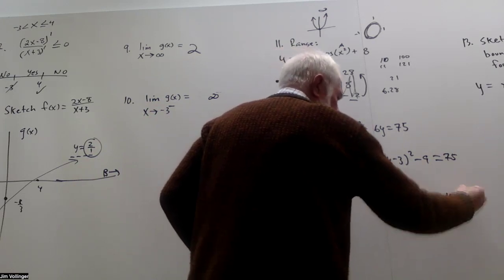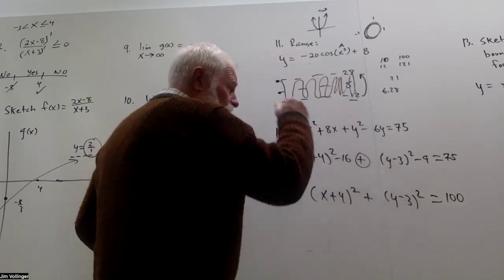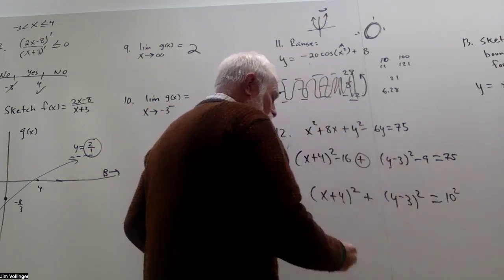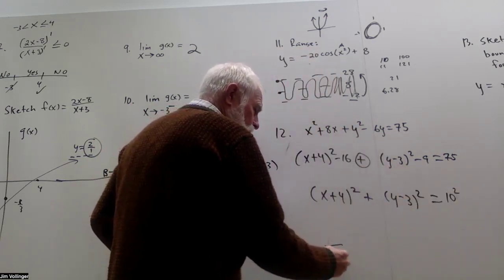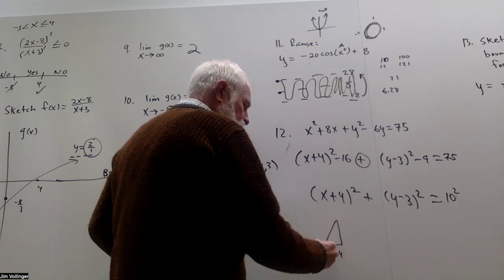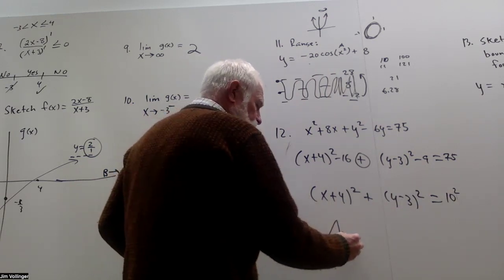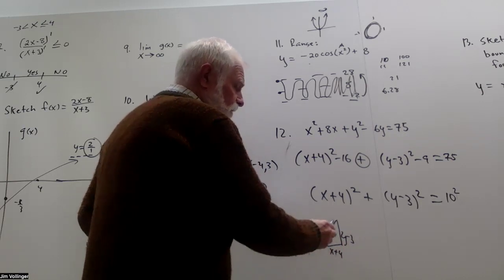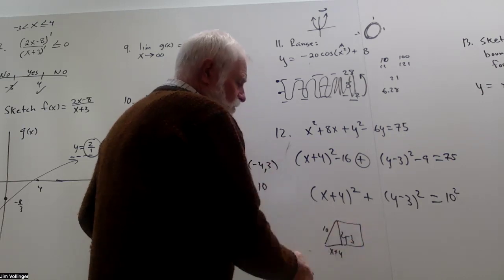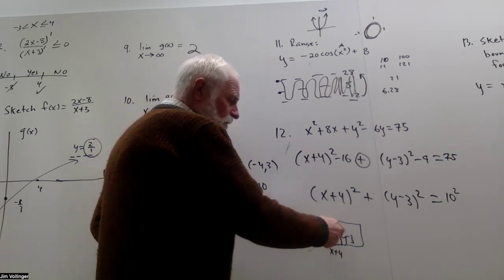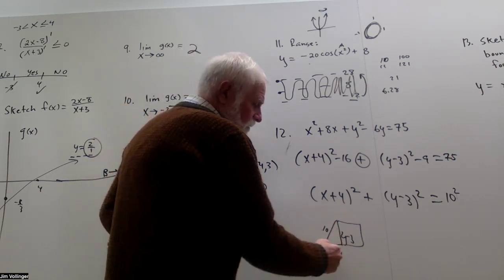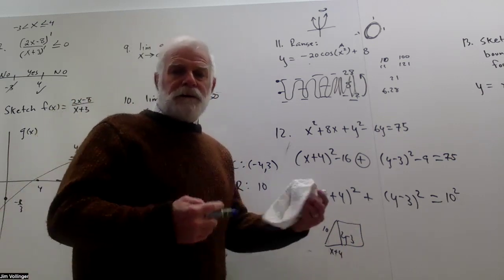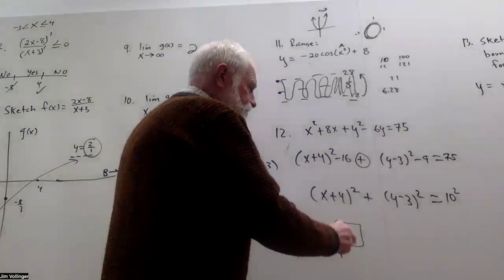If I did this properly, then I can see that 100 is actually 10 squared. So x + 4 is one side of the right triangle, y - 3 is the other, and a radius of 10. If the altitude side gets smaller, then the base square area has to get larger. And that interplay gives us the rotation, right?